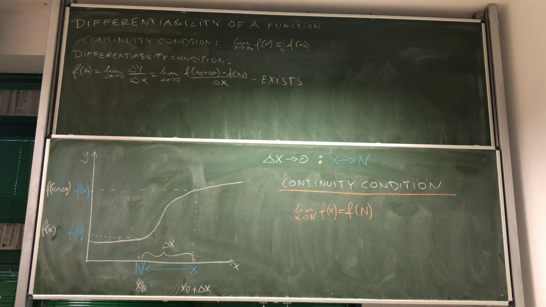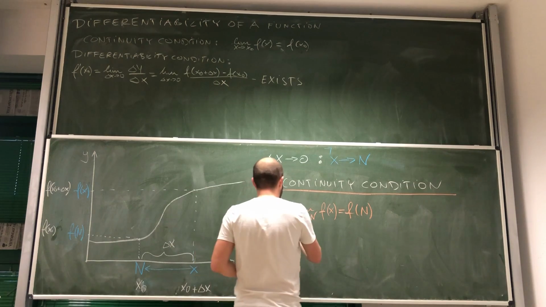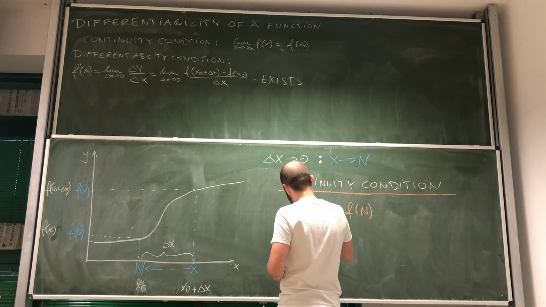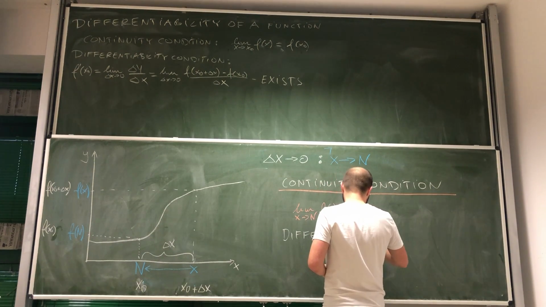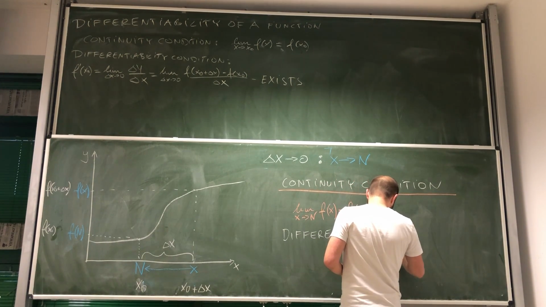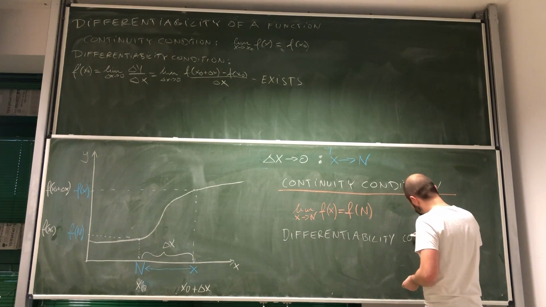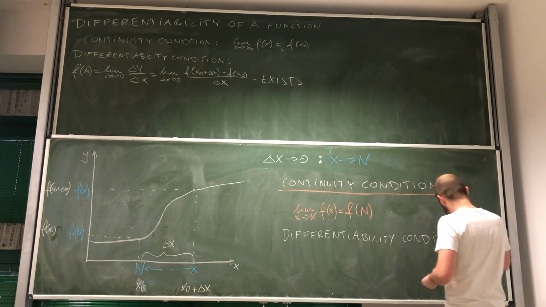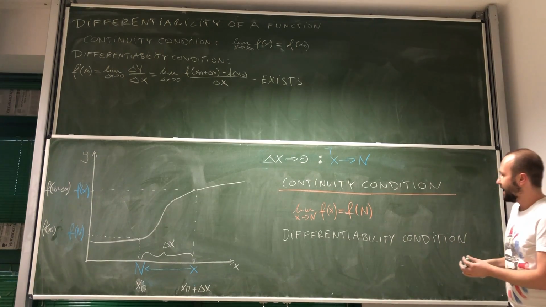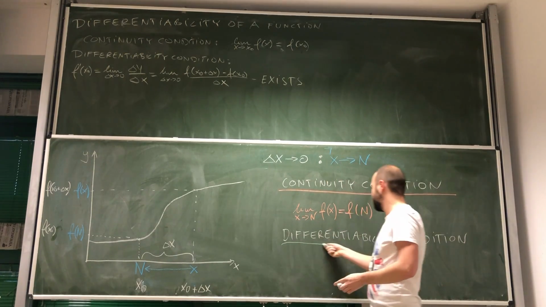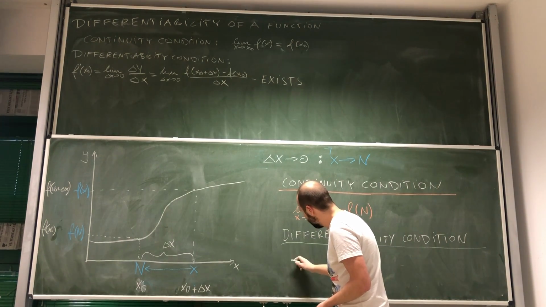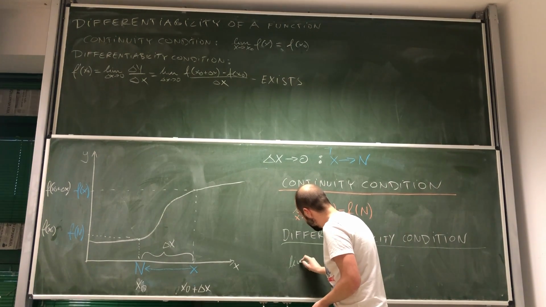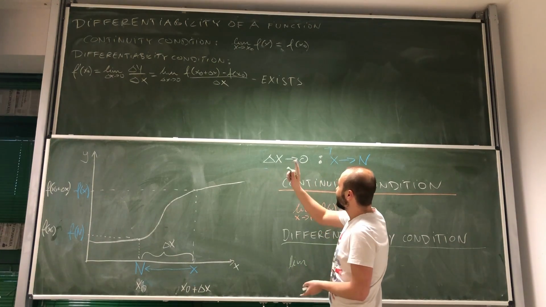Okay, so look, now differentiability condition, this one, which was far more problematic, is given by, and let's denote this by green color. Now, look, we will have the limit with delta x approaching 0.